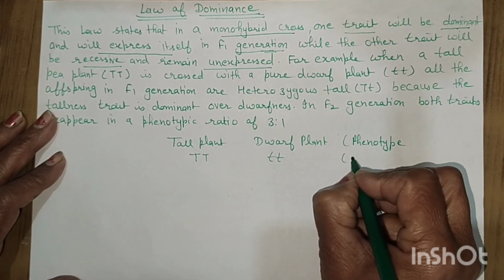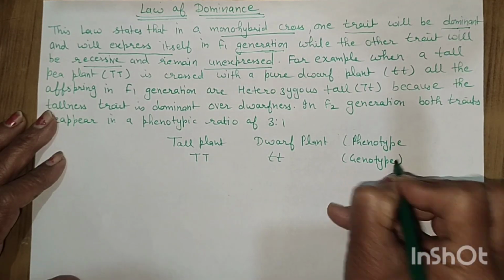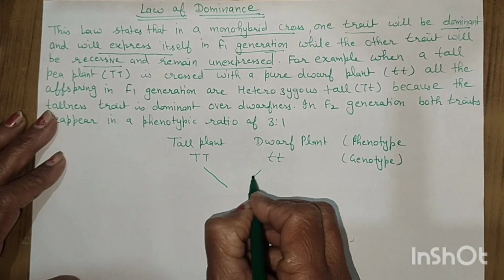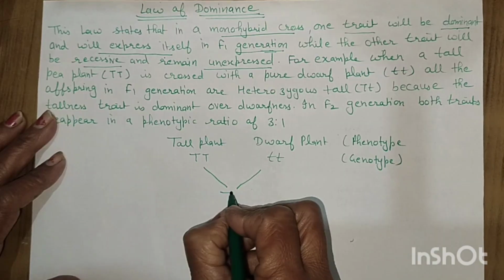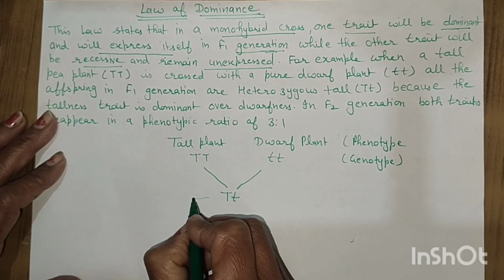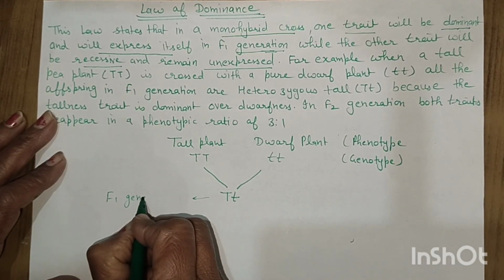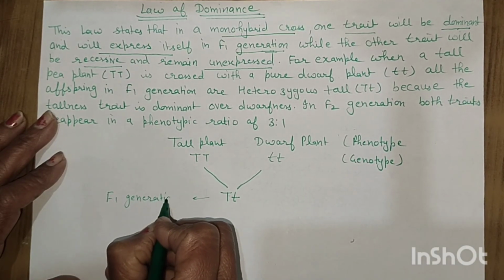This is the genotype. When we cross this, it forms capital T and small t. This is called the F1 generation or first filial generation.